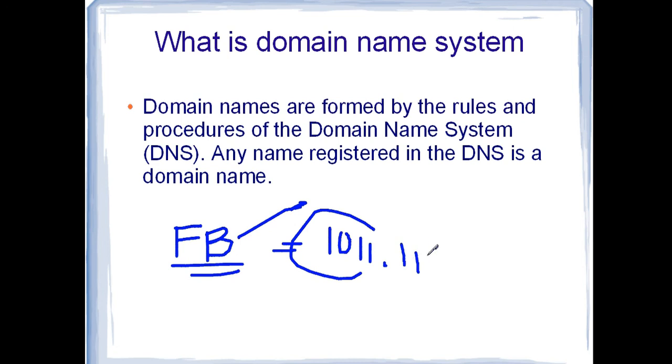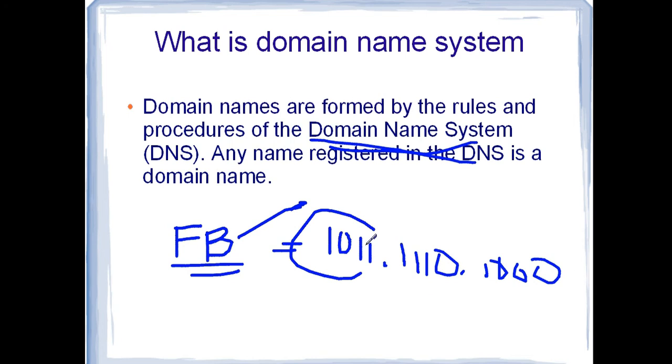So instead of memorizing this, what we only have to memorize is the brand name. So the domain name system is the system that translates these strings of numbers into a domain name.